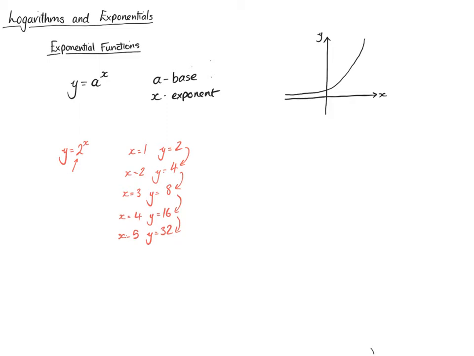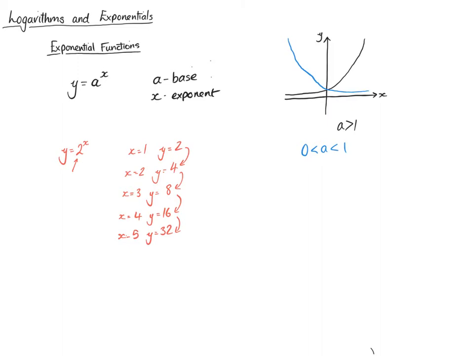Another thing we can get is exponential decay, where it starts really high, comes down and goes to something like 0. This happens when a is between 0 and 1. But if a is greater than 1, then we get the black graph.